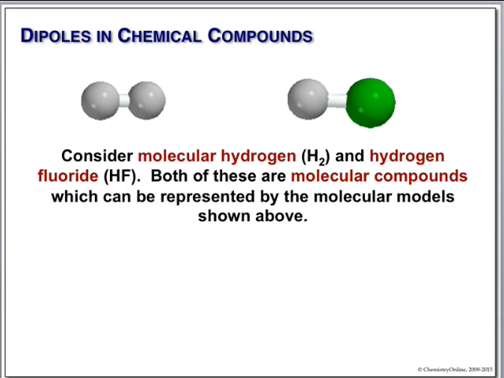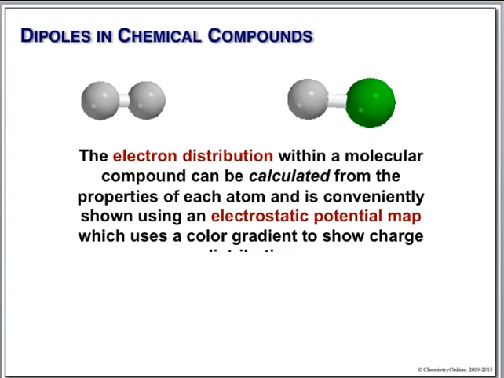If we look at the electrostatic potential map here for hydrogen, remember the electrostatic potential map is going to more or less describe electron distribution. Now in hydrogen, we have two identical atoms.